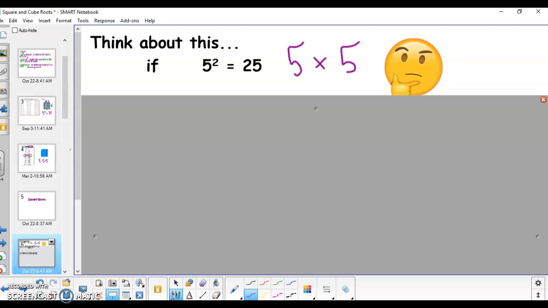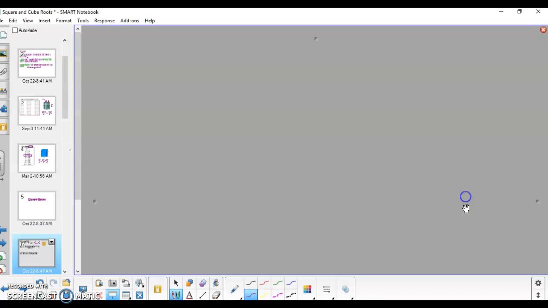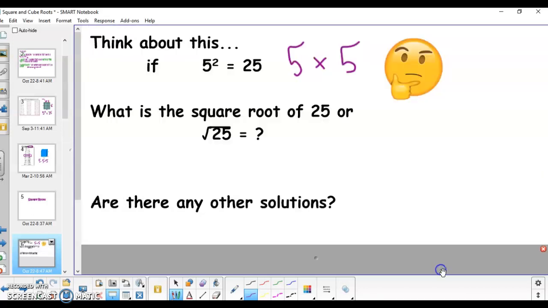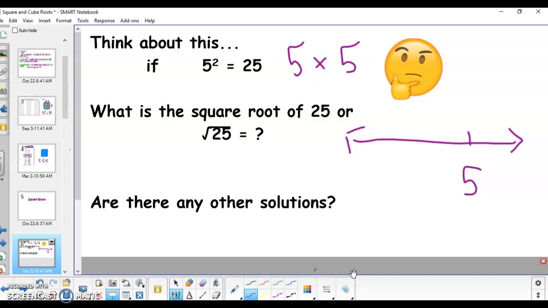Now, going back to what I was saying, think about 5 squared. It equals 25. But is there something else that equals 25 and is an integer found on the number line? Right now, I know 5's on a number line. Is there another number multiplied to itself that can get me 25? Yes. What is that number? Negative 5.